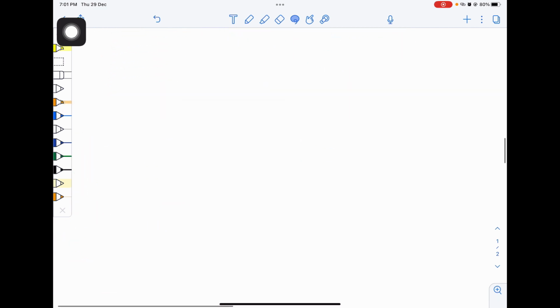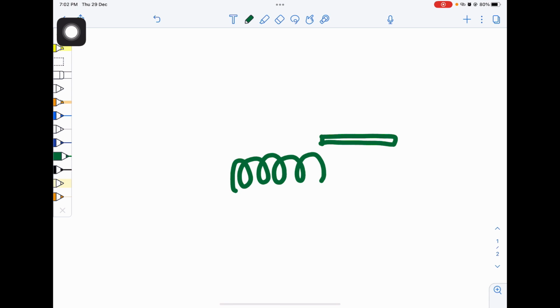Okay, ni cerita lain. Katalah tadi kita recall balik subtopic 1. When we have a conductor, atau when we have a coil like this, okay, current flow. Okay, ni current.